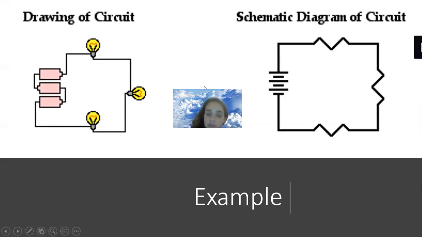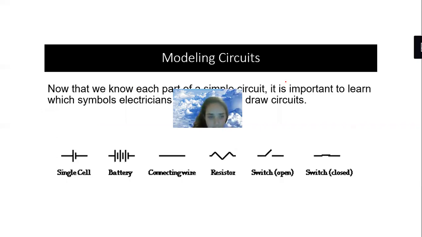If we're going to draw the same thing with the schematic symbols, we would do that by using the battery symbol that we had from the previous slide. So here, this is our battery. In the previous slide, we saw that a single cell is just one long line and one short line. So this here means my battery, or one cell of a battery.